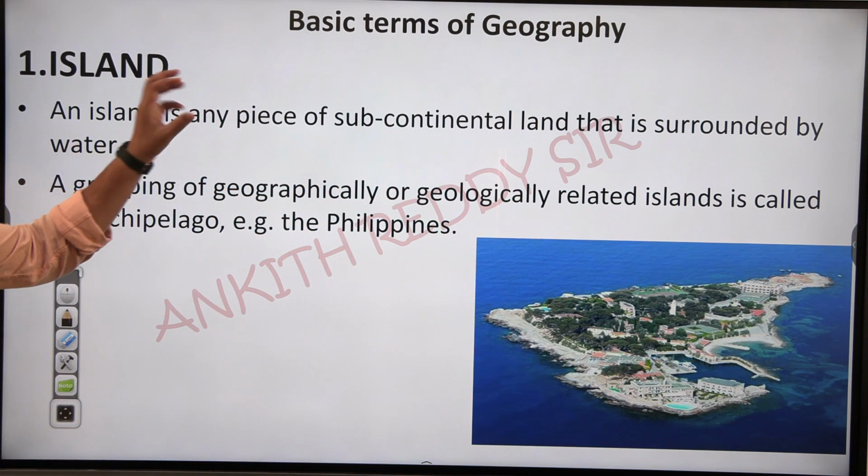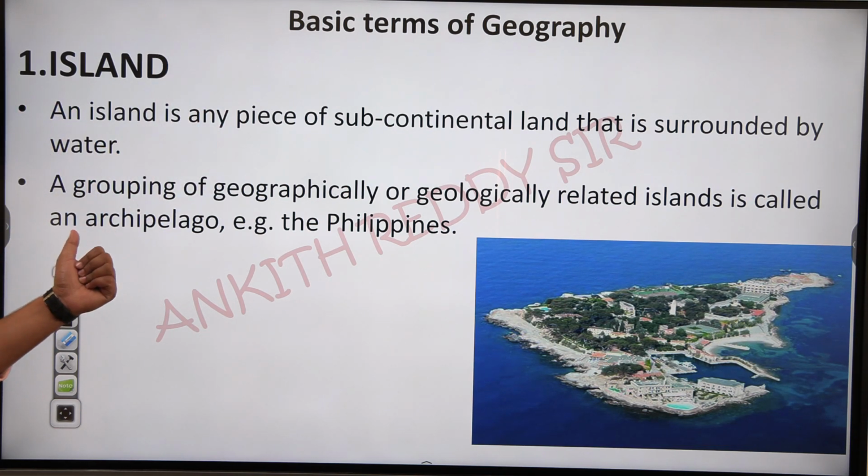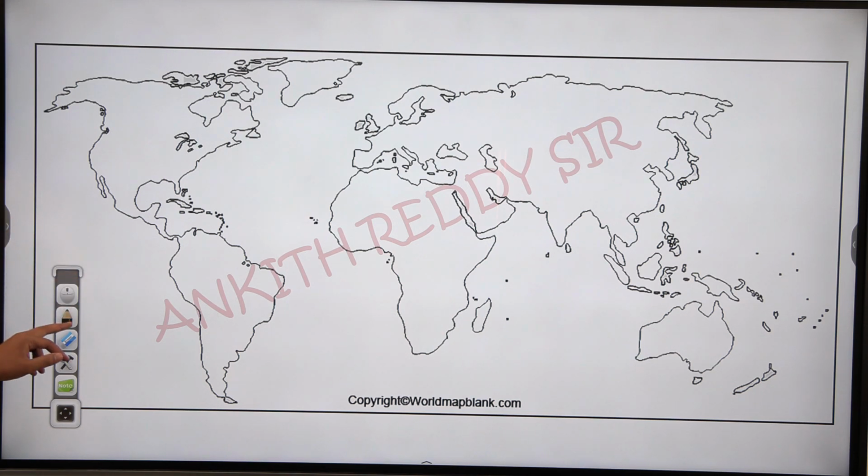Okay, so an island is a piece of land that is surrounded by water. When you look at the map, you can see different types of islands here.